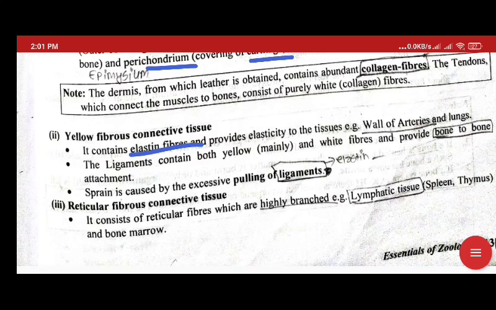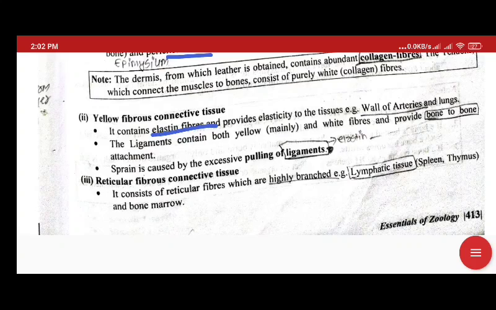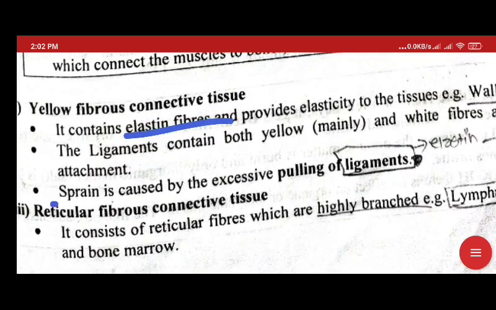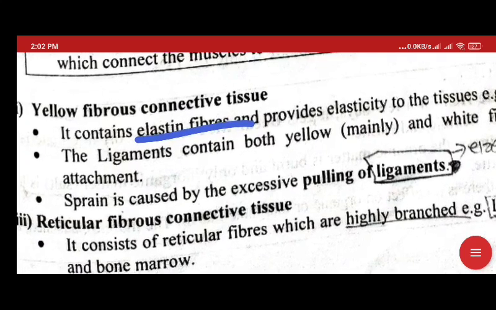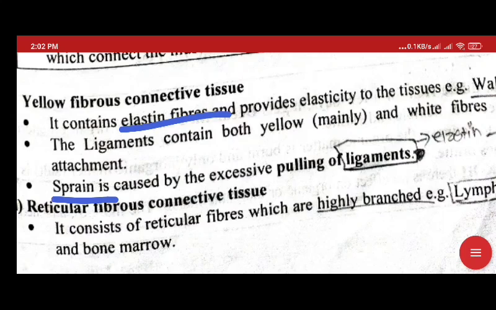This tissue is mainly present in vessels, like arteries. This yellow fibrous tissue connects bone to bone, so it is called ligament. Now if someone asks about a sprain, a sprain is caused by pulling of a ligament, and a strain is caused by tendons.